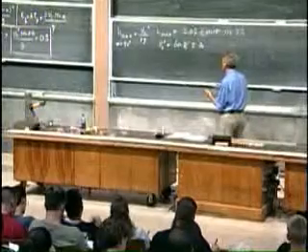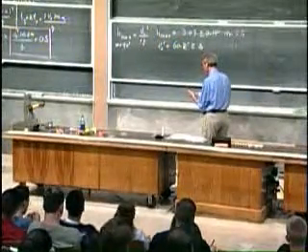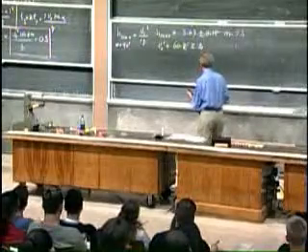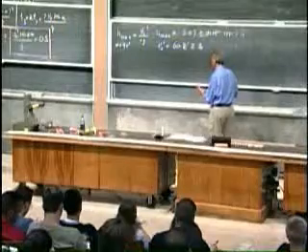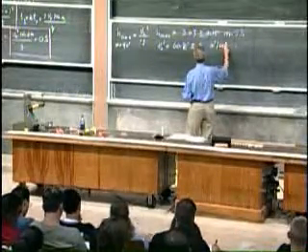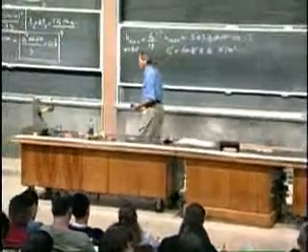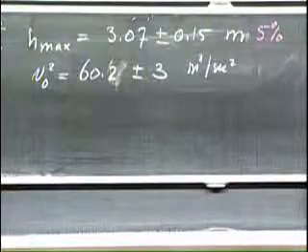3.07 is H max. I multiplied by 2 by 9.8. The 60.2 is a 5% error, and a 5% error is indeed 3. This is meters squared per second squared. I don't care what v0 is, because if we're going to measure it, all I need is v0 squared.